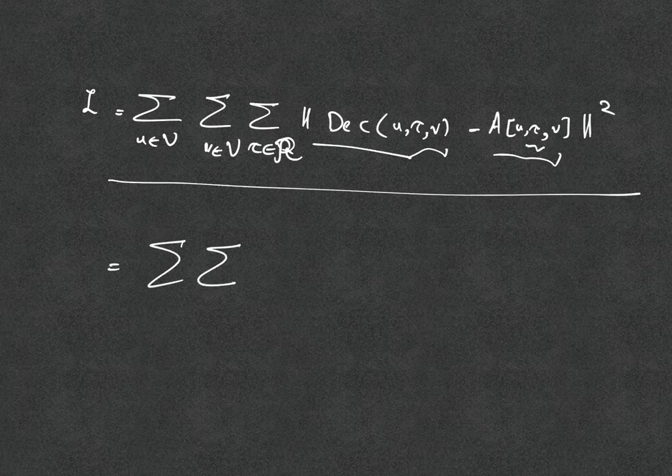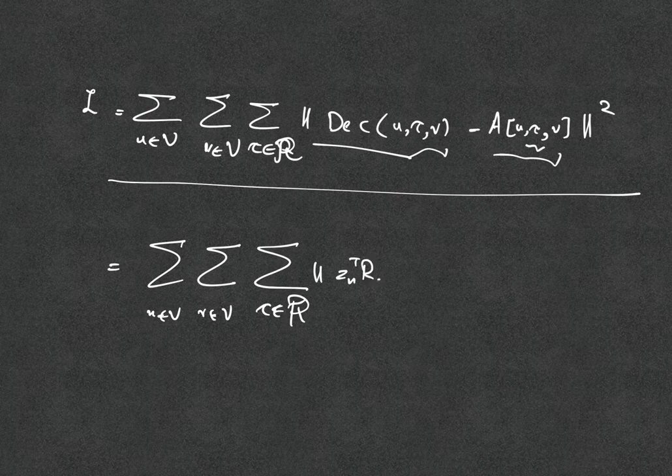So if we open it up, it's going to be like this. And this would be the loss that we would work with. If you try to optimize that, it is also very related to tensor factorization and matrix factorization, and it's just something that is worth noting.